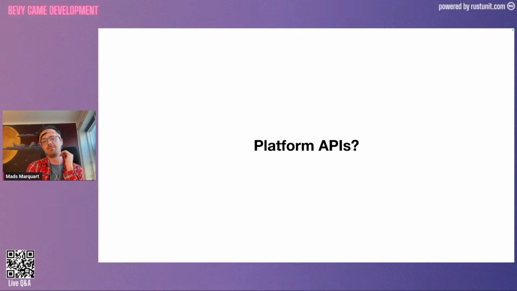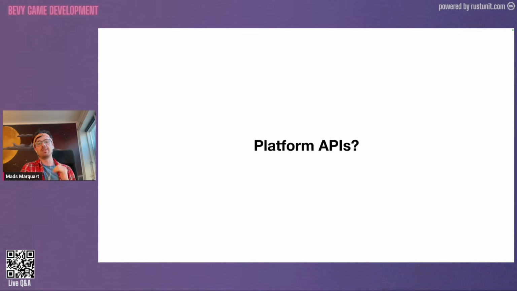So this is going to be about platform APIs. This is really important, because this is the underpinnings of everything that Bevy does. If you need to do anything on the platform, like if you need to do rendering or anything like that, you need to interact with the platform.